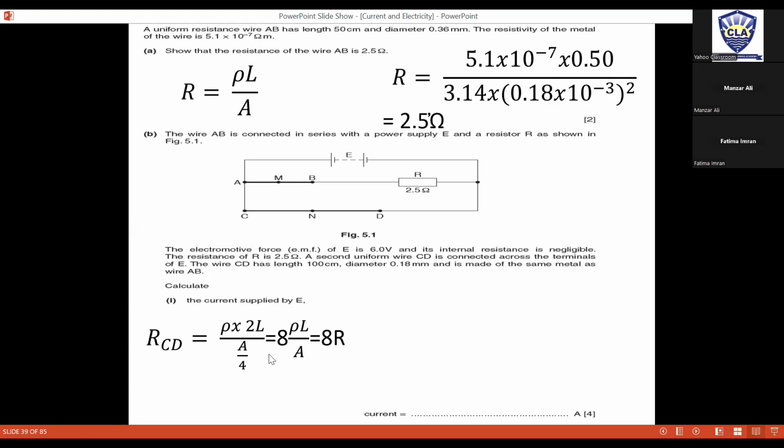If I simplify that, I get 8 ρL/A और ρL/A की वैल्यू मैं पहले निकाल चुका हूं, 2.5. So RCD is equal to 8 times 2.5 which is 20 ohms.